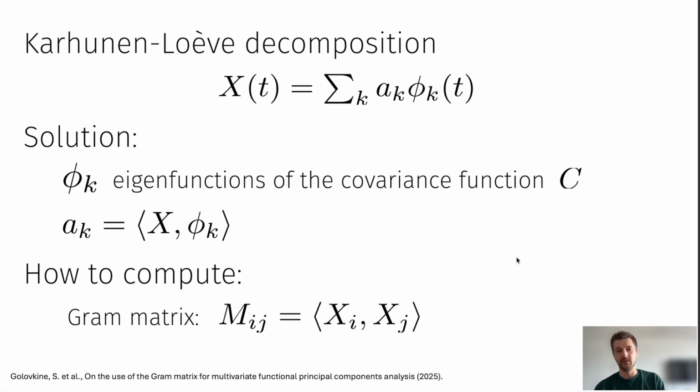It's based on the Karhunen-Loève decomposition, and the idea of this decomposition is that we can represent each density as a linear combination of coefficients times a basis of functions, and this basis of functions is based on the covariance function of your data. In my case here, the data are the different densities. And the coefficients are just the projections of my data onto the basis of functions.